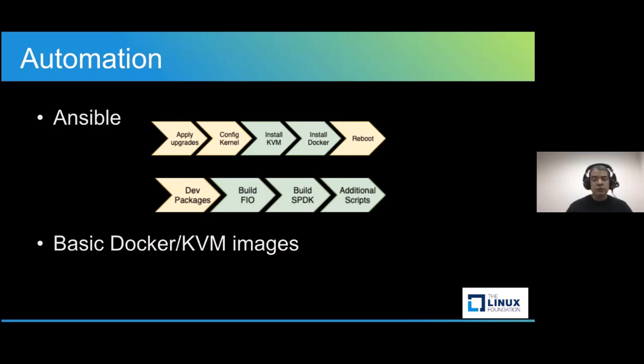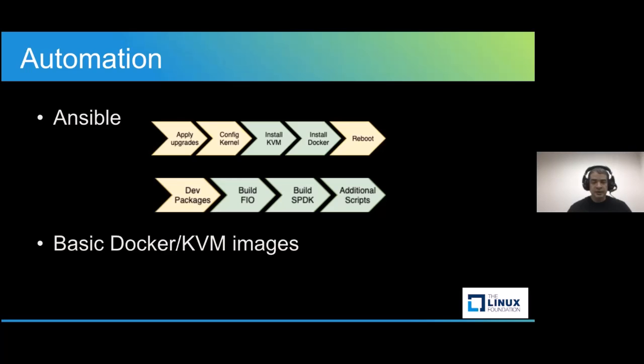But for both Docker and KVM, I have an image, as I mentioned earlier, with all the packages that we need. And once you have this image, you start the VM guest or the container, and you give them the locations to store the data that will survive the container being gone.